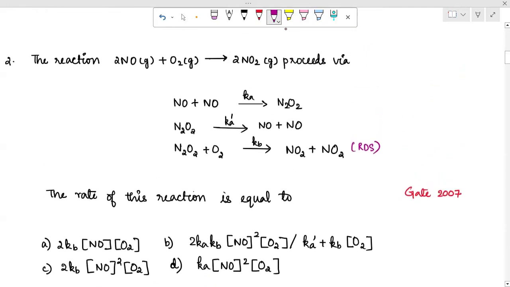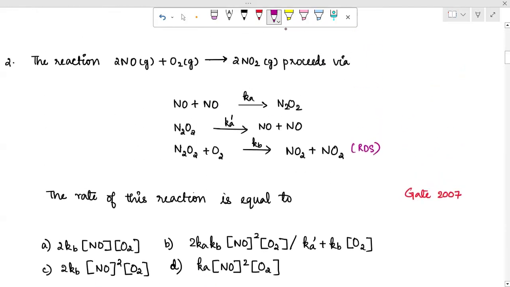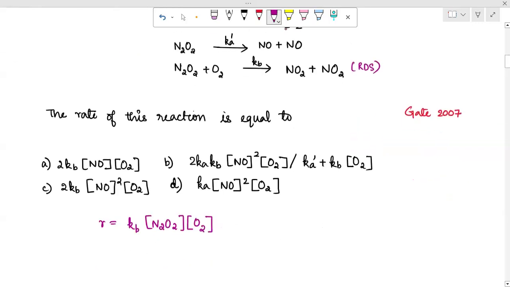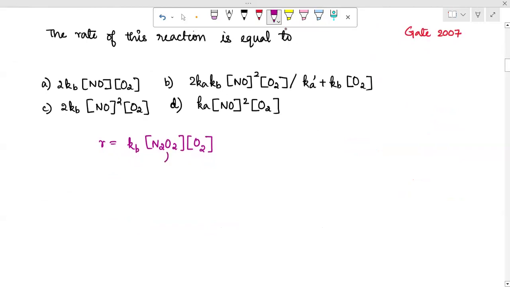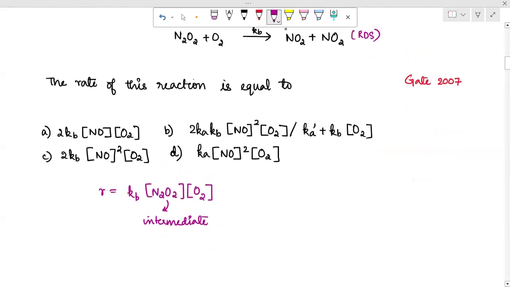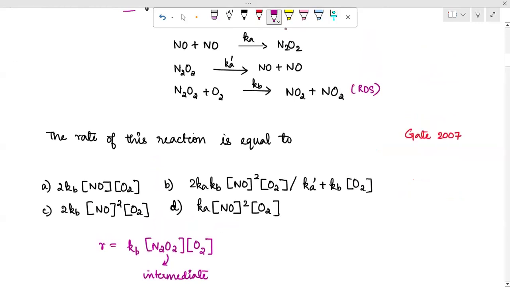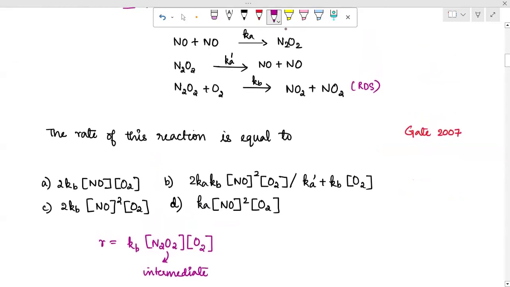Now let's look at the reaction. We have NO and O2 as the reactants, but what you have over here is N2O2, which will act as the intermediate, and you need to remove the intermediate. Now, in order to remove the intermediate, we have two ways. One is the equilibrium method and the other one is the steady state approximation. Over here, you cannot adopt the equilibrium method because no equilibrium processes are there.